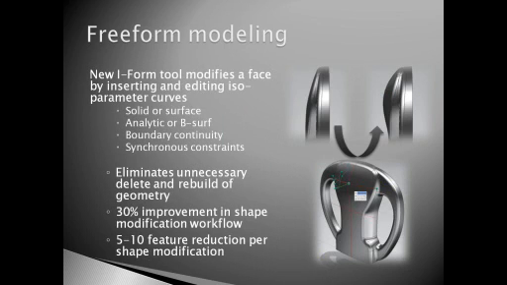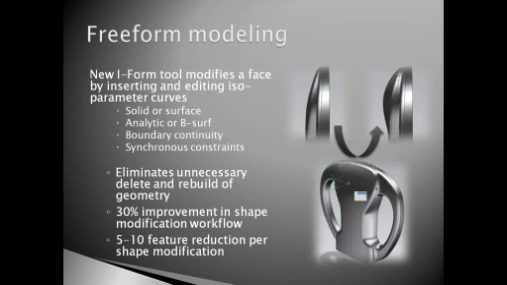The iForm tool modifies faces, inserting and editing isoparameter curves. You're able to do this inside of solids or surfaces. You have analytic and B-surf data, boundary continuity, and you're using synchronous constraints to hold all this together.